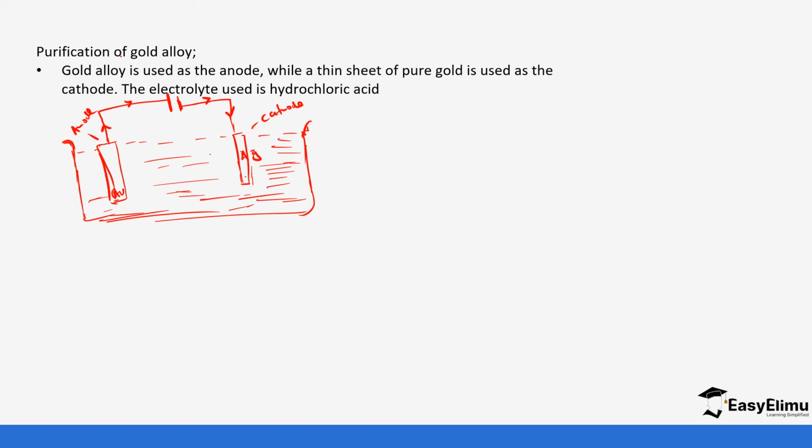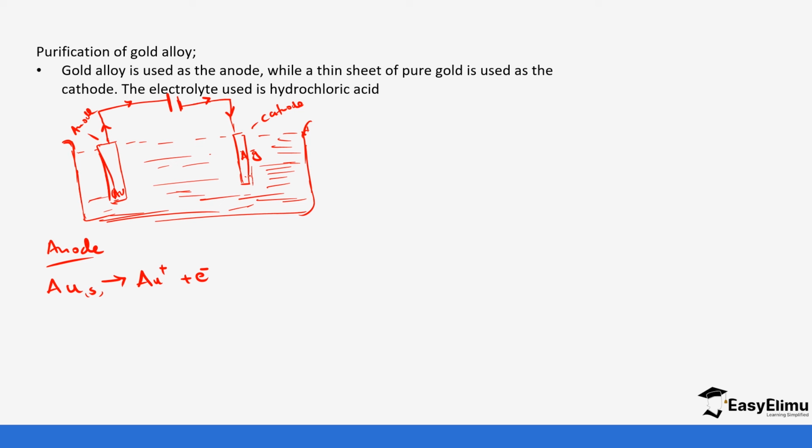Remember that at the anode we have the gold impurities. So gold goes into solution and is discharged to form gold ions. An electron is given off, which travels to the cathode.